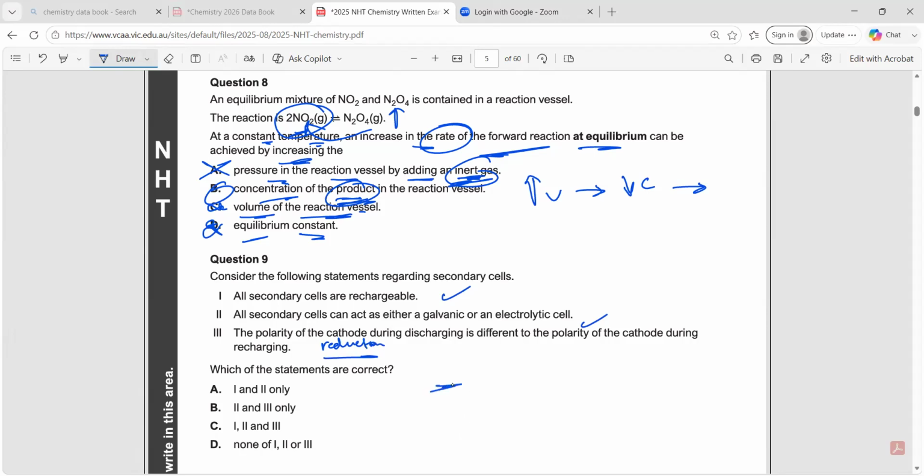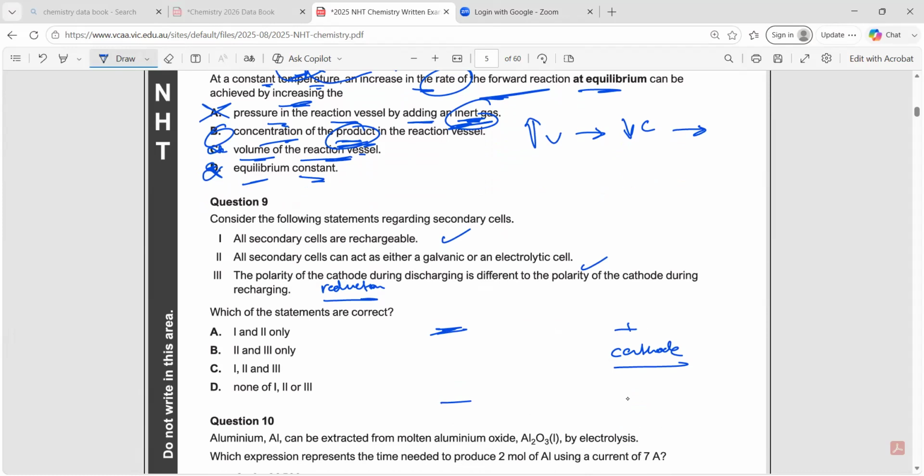However, the cathode is here during discharge, but then it's here during recharge. So this is recharge. This is discharge. So it'd be 1, 2, and 3.